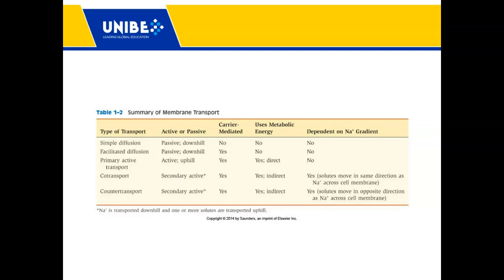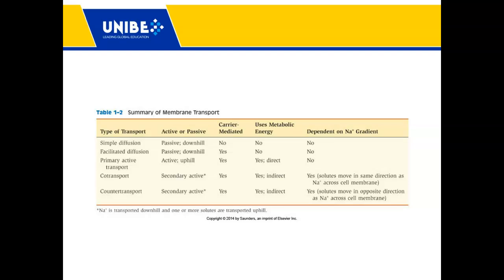Secondary active transport will move things from less to more, but it is dependent on the sodium potassium ATPase pump. In secondary active transport, I'm moving something from less to more, but let's say, for example, I'm taking sodium into the cell and that substance from less to more into the cell. That's called co-transport because they're both going into the cell.